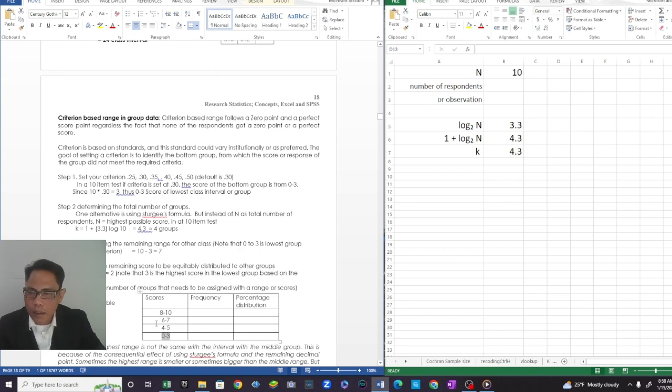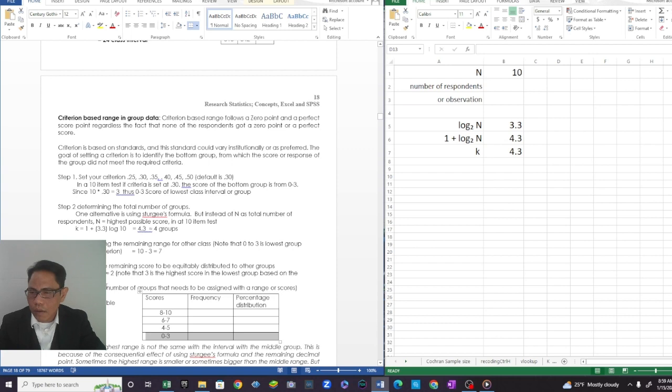Next is to divide the remaining score to be equitably distributed to other groups. So we have 7 divided by 3 because we have 10 minus 3, which is the lower group. That means we have 7 scores that need to be distributed according to the group in reference to Sturgeon's formula.